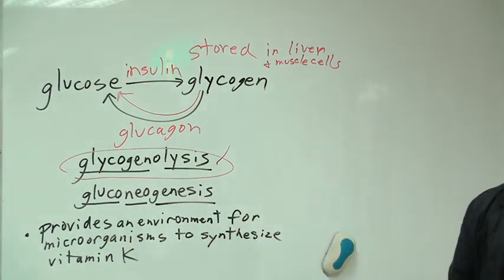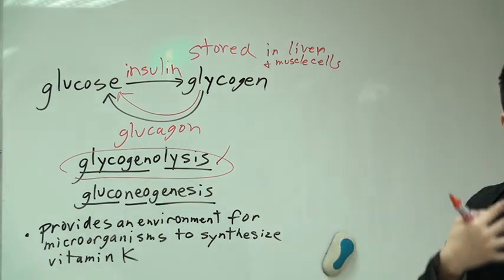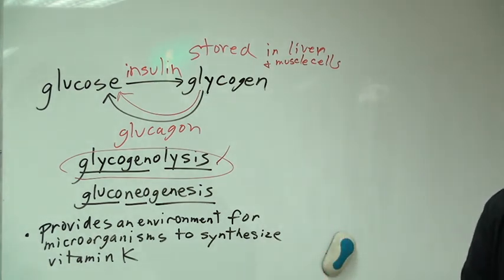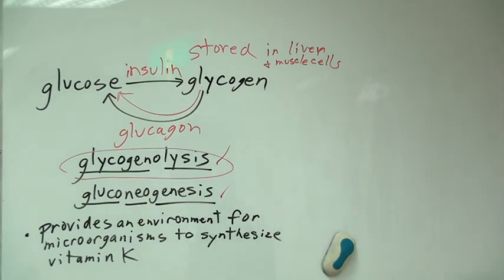There will come a time when your glycogen will be gone, you use them already. So where does the body get the energy if your glycogen is no more? From fat. And if you don't have fat anymore, protein. So that is this one, gluconeogenesis, production of new glucose from non-carbohydrate sources.